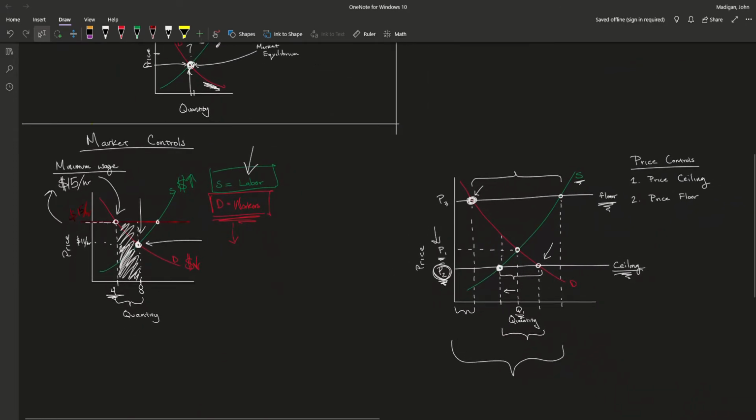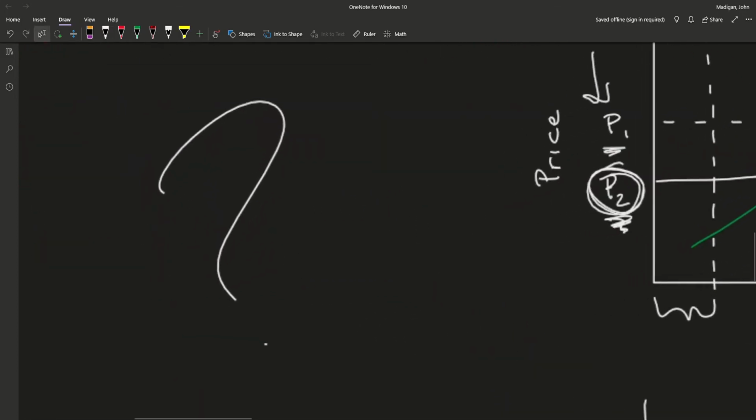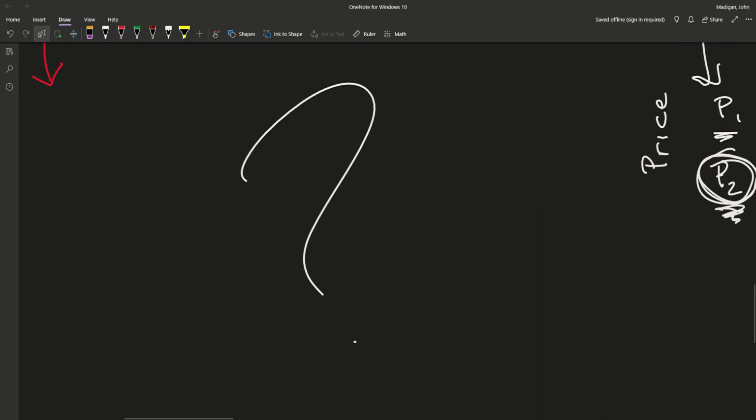And the role of government is determining how much inefficiency we're willing to take for a given cause. So maybe we're willing to say, you know what, I'm willing to take a little bit of inefficiency to get higher wages, right? But that's a risk that we have to take, because if we mess with the market, then we're going to be inefficient. So it all comes back to that question: how much inefficiency are we willing to risk?